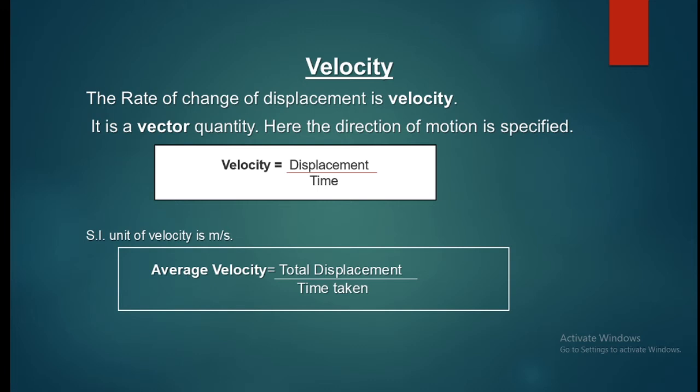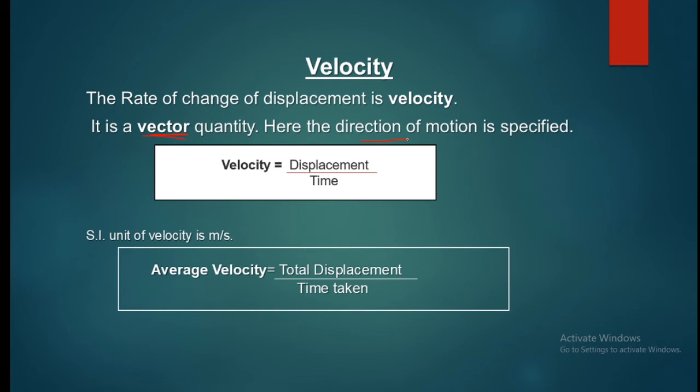But the main difference between speed and velocity is this, that speed is a scalar quantity, but velocity is a vector quantity, because it depends on the direction also. Let's suppose I'm saying I'm just going with a speed of 60 kilometers per hour in south direction.